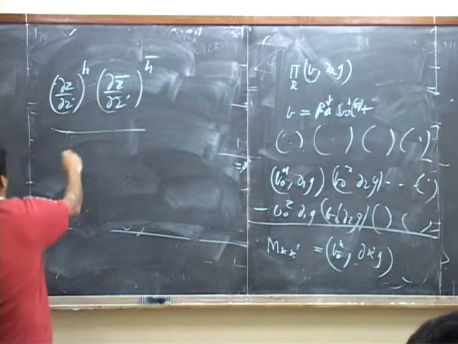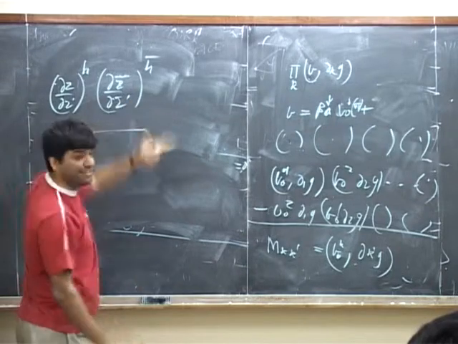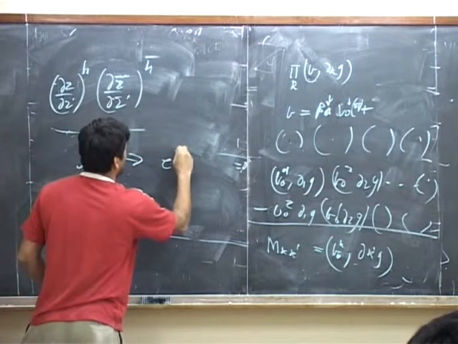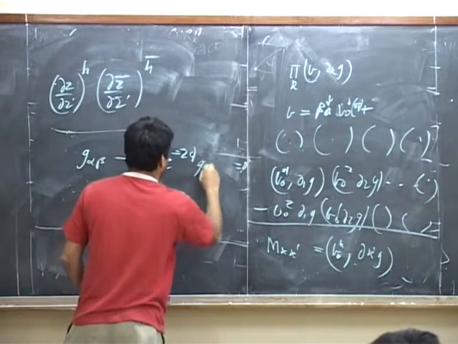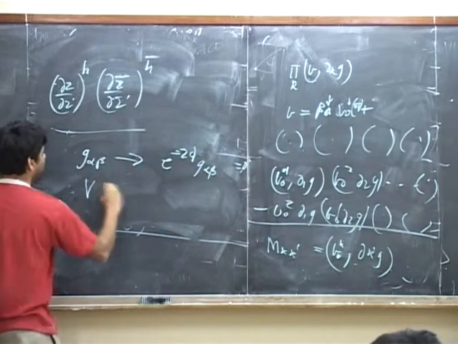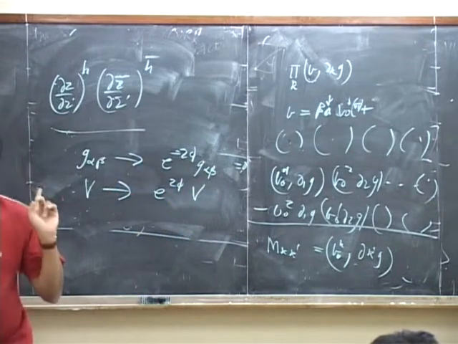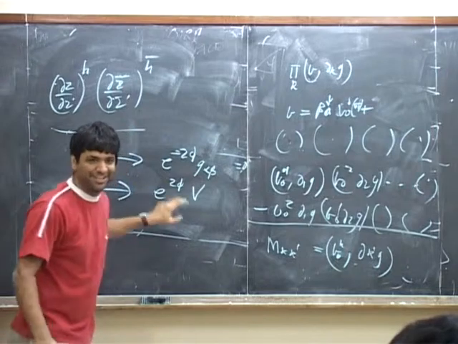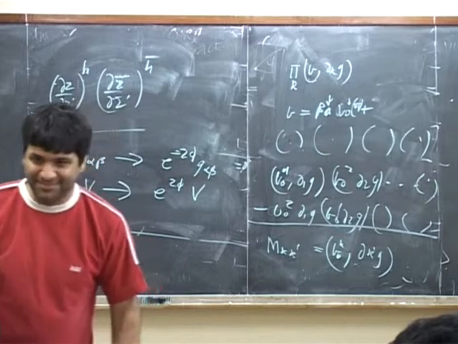So what we're saying is that if g alpha beta goes to e to the power minus 2 phi g alpha beta, then V goes to e to the power 2 phi V, if the operator V was 1, 1. Either this with one of the two signs. You can see that quickly, right? It's a matter of working out the signs. I assure you that this is the right answer.